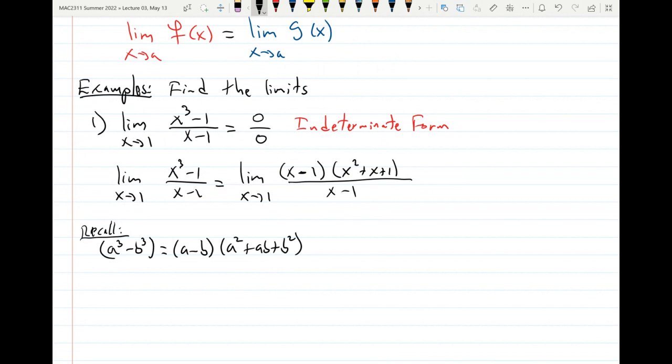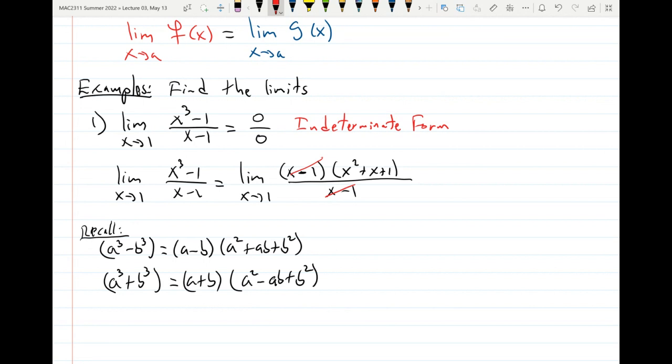And since I'm here, let me also write the sum of cubes. So this is a plus b times a squared minus ab plus b squared.